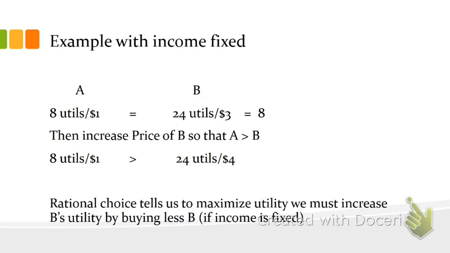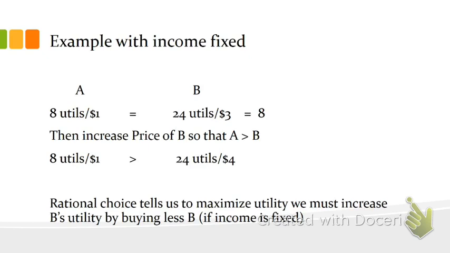An example. When income is fixed, if our ratio of A is 8 utils to $1, and the B ratio is 24 utils to $3, they both equal 8, right? Then there's an increase in the price of B, so that now the ratio for A is greater: 8 for A versus 24 divided by 4, 6 for B. Rational choice tells us to maximize utility.